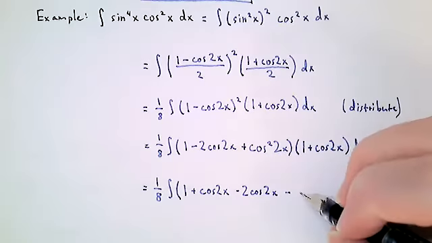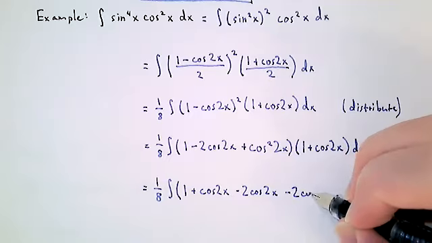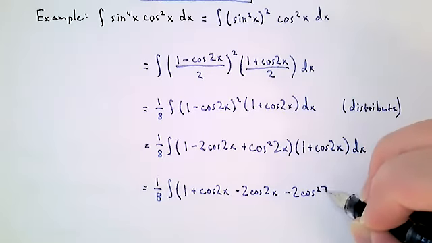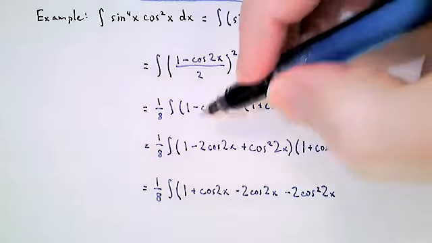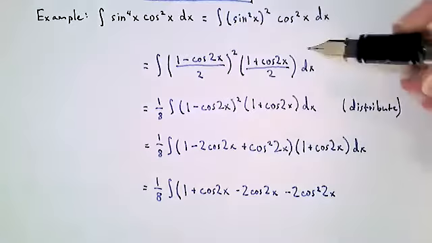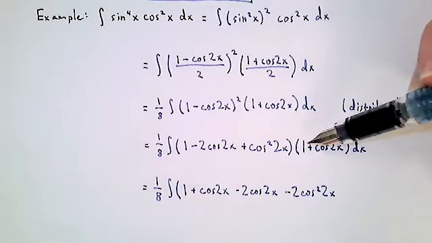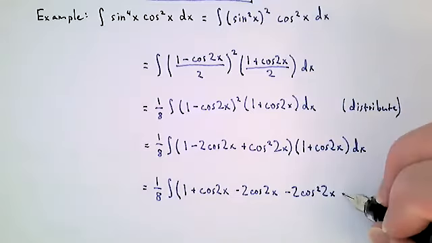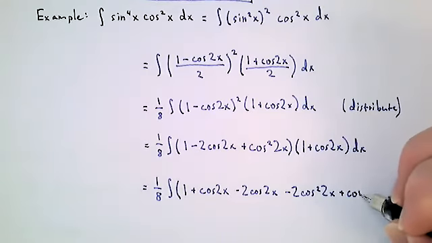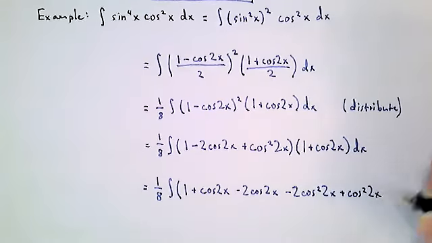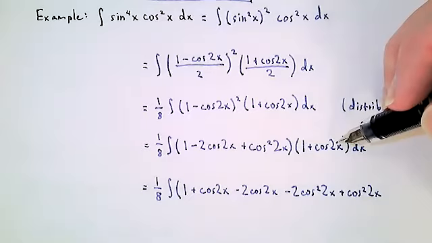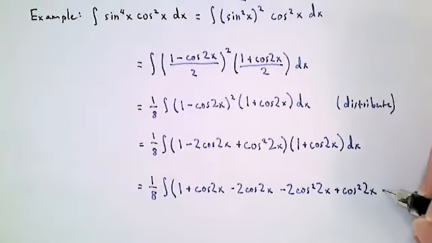So we end up with a minus 2 cosine squared of 2x. And then we've dealt with the first 2 terms, one more to go. You multiply by 1. That's a cosine squared of 2x. And then you multiply by cosine of 2x, so you get a cosine cubed.